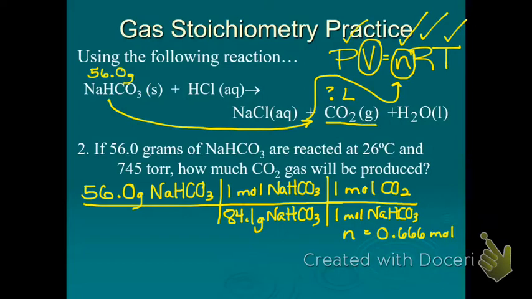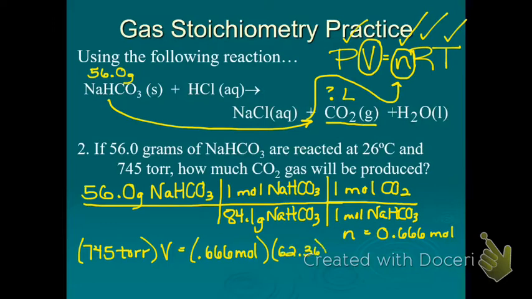So now I am ready to use the ideal gas law. So I have a pressure. V is my unknown. I have a number of moles. Okay. Use your notes if you need to. The ideal gas constant for torr is 62.36. And 26 degrees, let's put that into Kelvin.